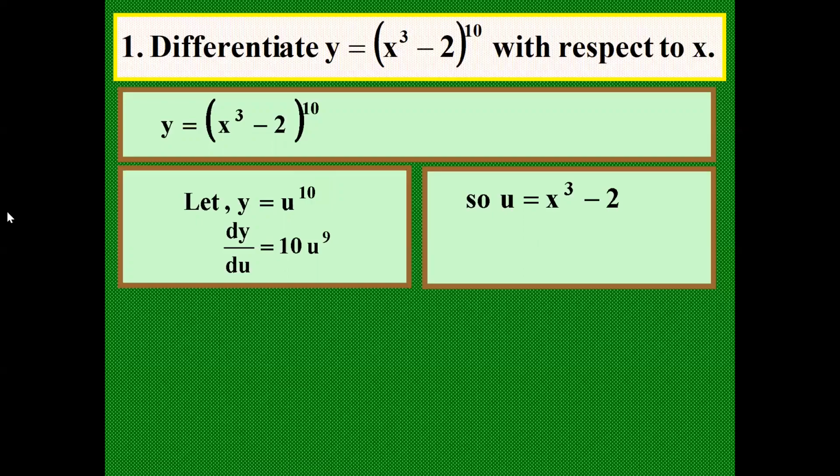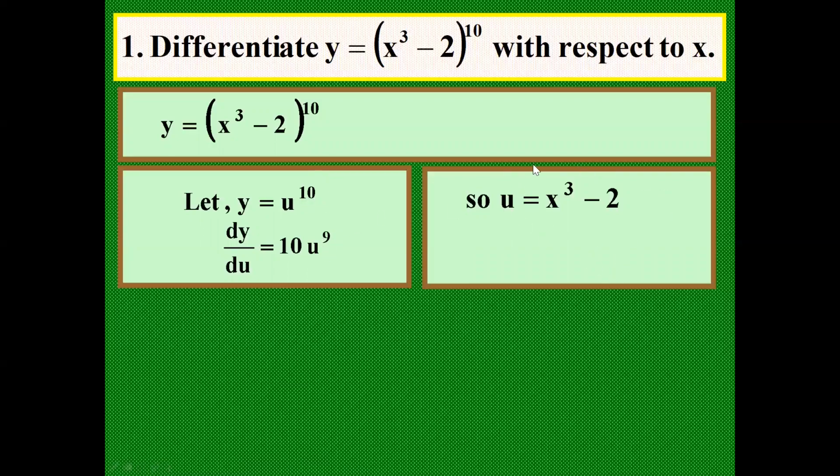Okay, I will try to get it for you. Now, what actually you need to do is take the power of the index, bring it to the front, and then the index minus 1, means 10 minus 1, you get 9 here.